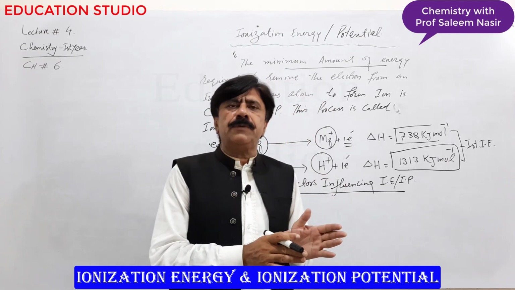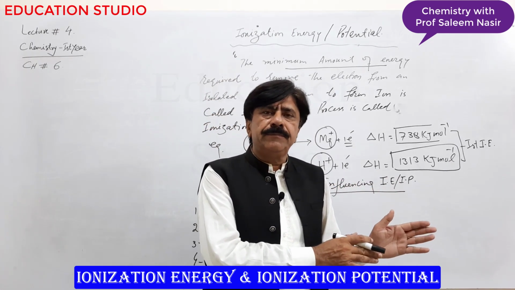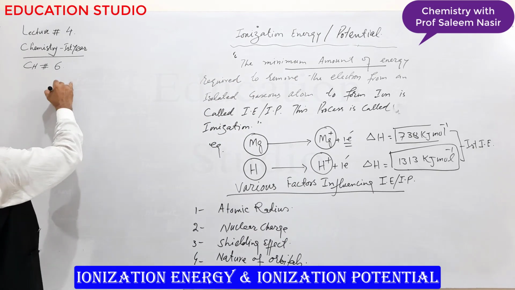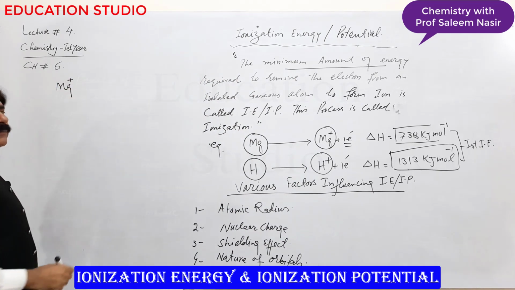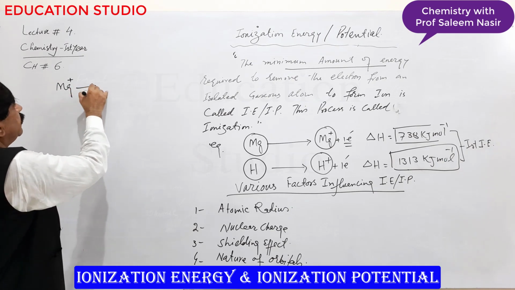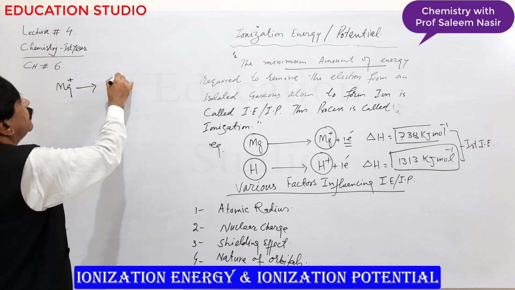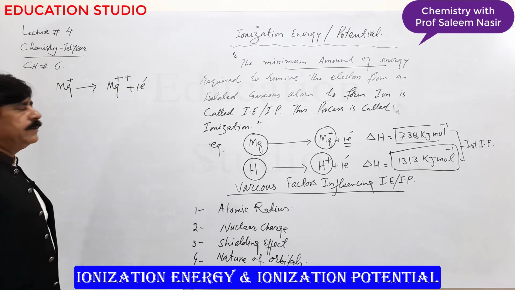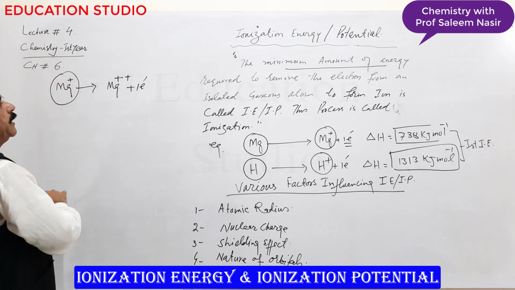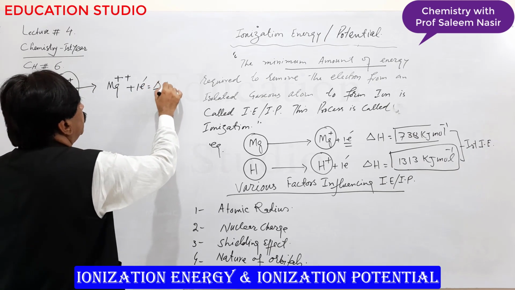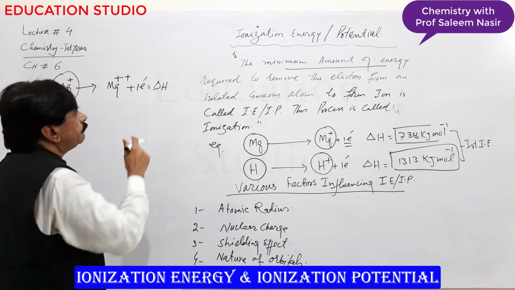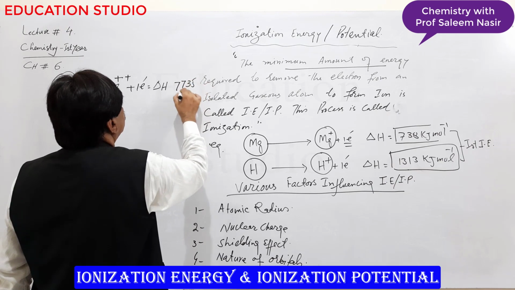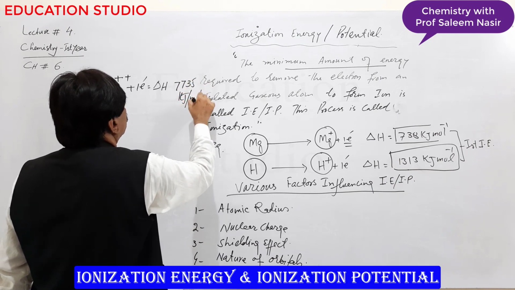For example, when another electron is removed from the unipositive magnesium ion, the energy required will be 735 kilojoule per mole.